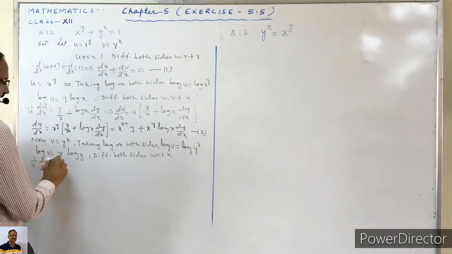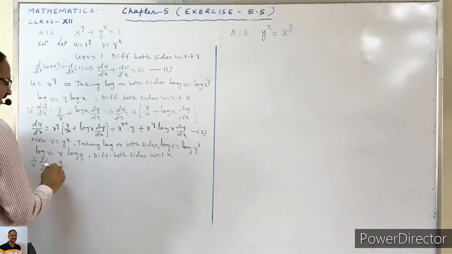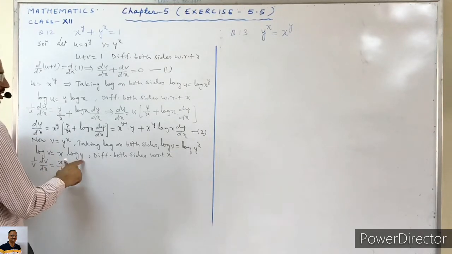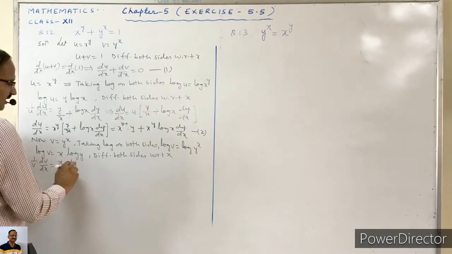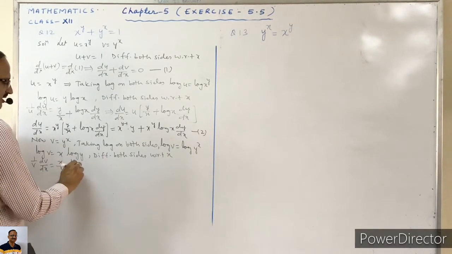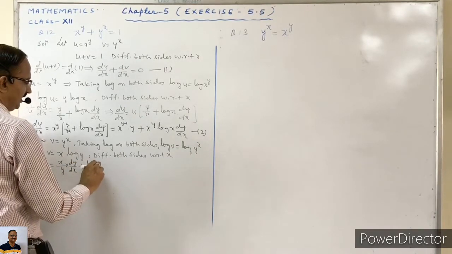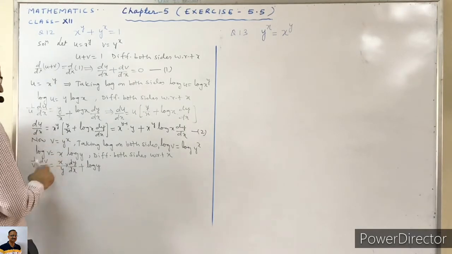So first function is as it is, and differentiation of log y is 1 by y, and this is not x. So we will write the product of this in the product plus second function as it is, and differentiation of x is 1.